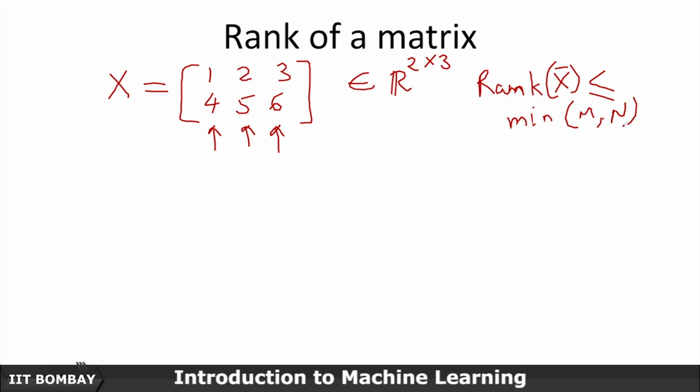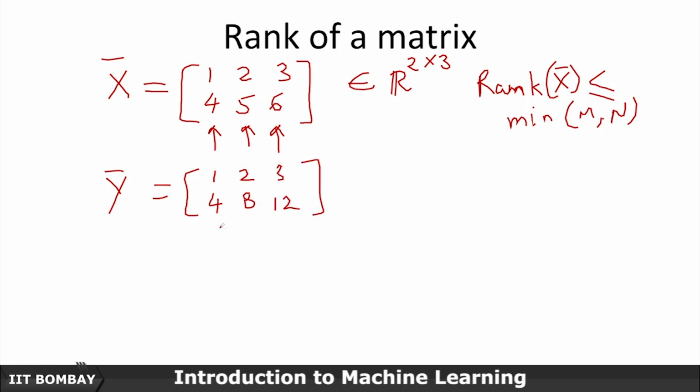Now, let us take an example where the rank is even lesser than 2 for a matrix that is of size 2 cross 3. So, let us take the matrix Y, okay, and let us see if we have 1, 4, 2, 8 and 3, 12.